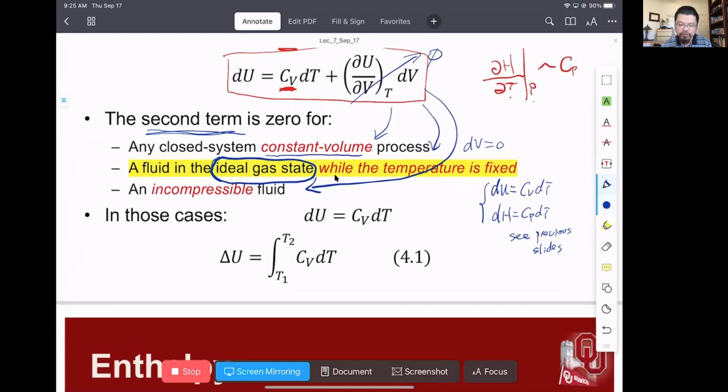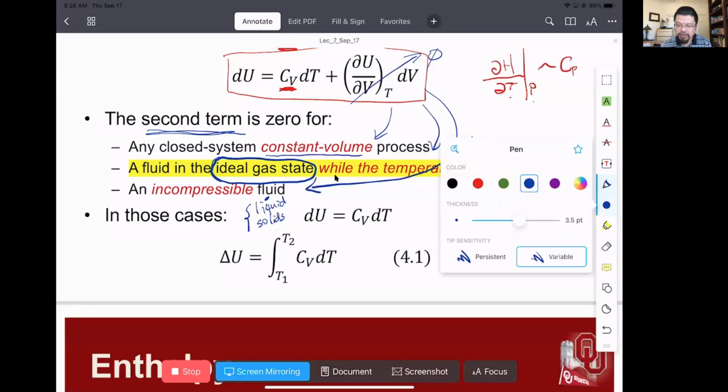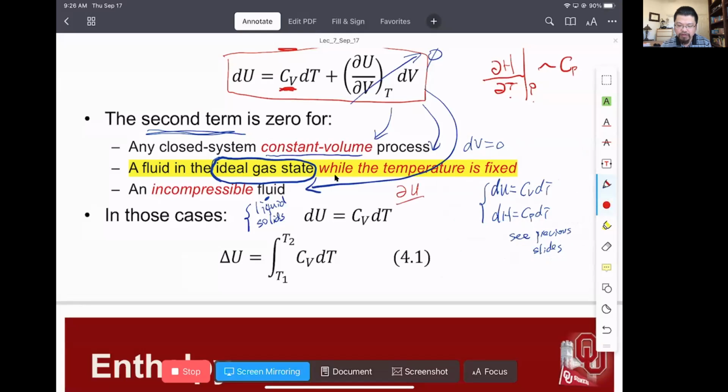The third case is if we are dealing with fluids, most likely liquids or solids, and we can hardly compress those fluids, so the volume change, the du over dV term, would be very close to zero. So we are going to neglect the second term for incompressibility of those liquids and solids.